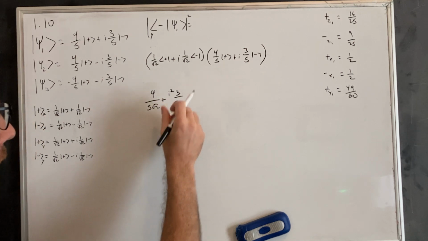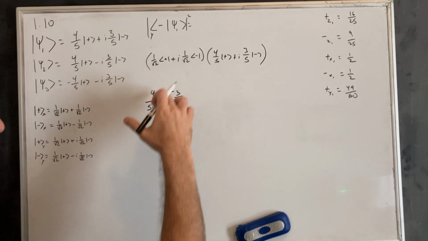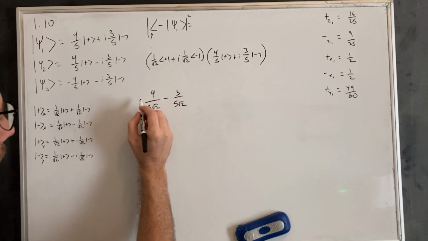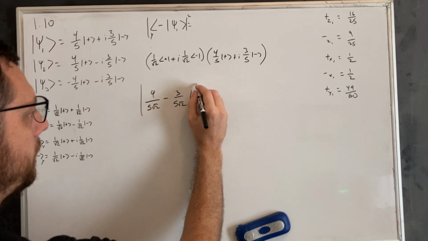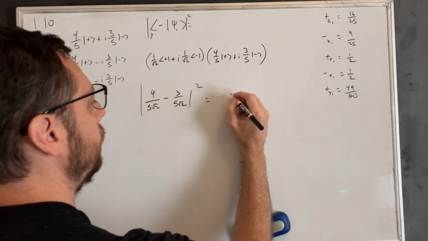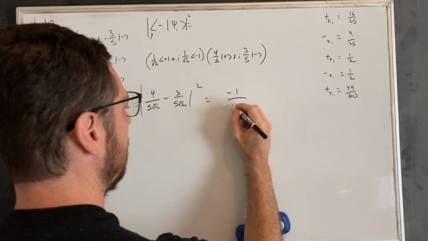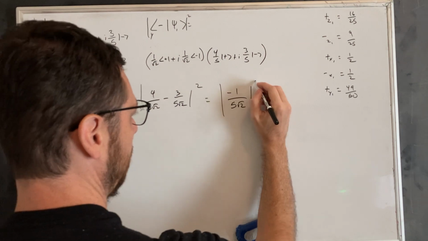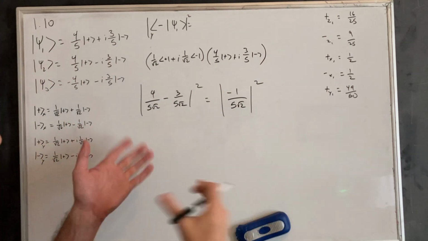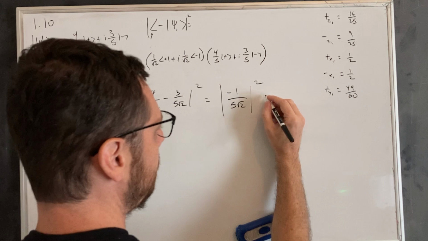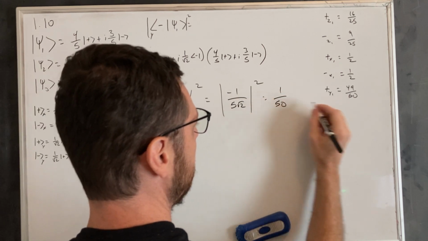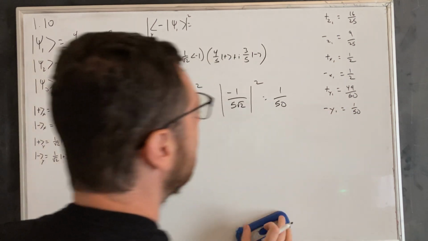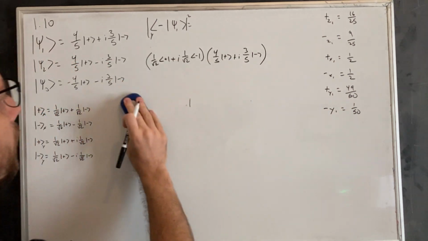All right, and so our i squared is going to flip the sign. This is going to be 4 minus 3. And again, this is going to be squared. So that's going to be equal to negative 1 over 5 root 2 squared. And also it's the magnitude squared, so it doesn't matter because you're squaring it anyway, so it's going to become positive. That's going to be equal to 1 over 50. So minus in the y for state 1 equals 1 over 50. Okay, and that's our 3 for our first one here.